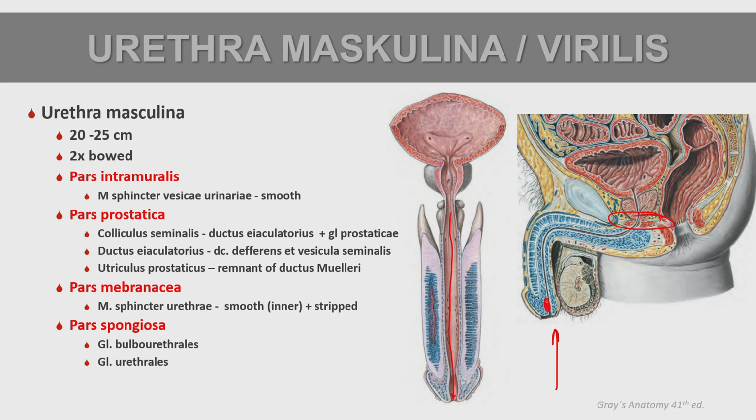There is here the so-called fossa navicularis, navicular fossa. And the second part is here. They are two critical points where improper insertion of a urinary tube could cause injury of the urethra, leading to bleeding and to scarring.